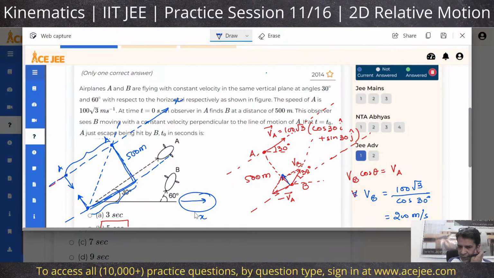Can we not work in this? सर इसमें 500 equals VA cos 30 minus VB cos 60 into T. Say it one more time, beta. Sir, 500 equals VA cos 30 minus VB cos 60 into T. So that's the time of meeting, नहीं मिल सकता.